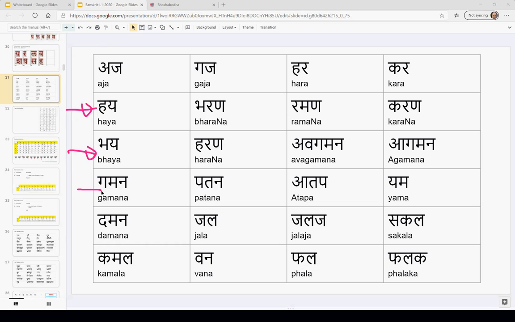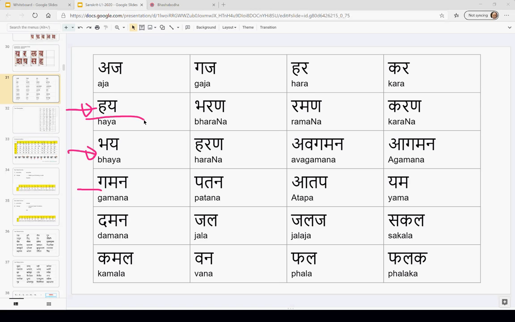The act of taking away is Harana. Avagamana means understanding. The last one, Agamana, is coming. The act of coming is Agamana.